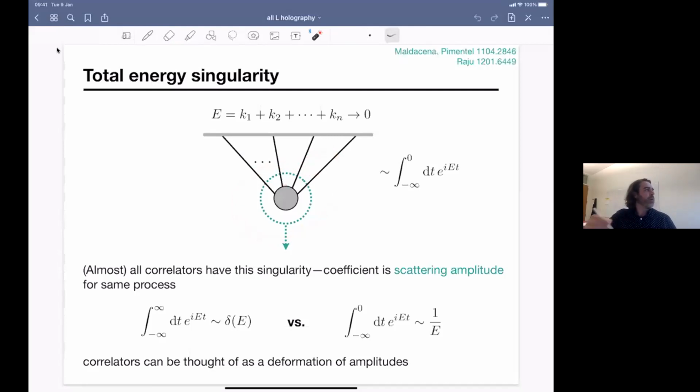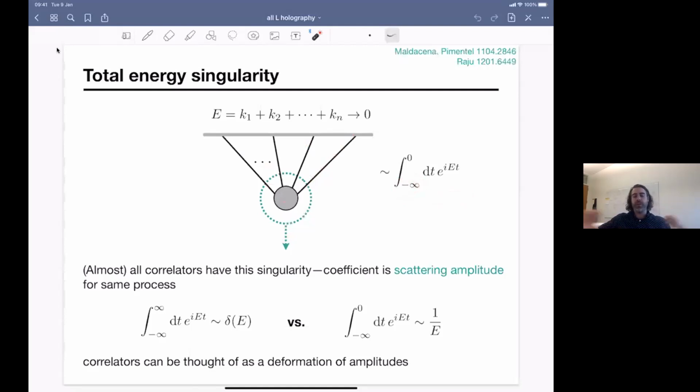Let's think about a contact-like diagram first. For each external leg, there's a plane wave, which is the bulk to boundary propagator. The corresponding wave function coefficient is given by a time integral like this. I know that this thing should be singular when the total energy adds up to 0, but you can ask where this singularity is coming from. And it's really coming from the fact that this lower limit of integration is in the infinite past.